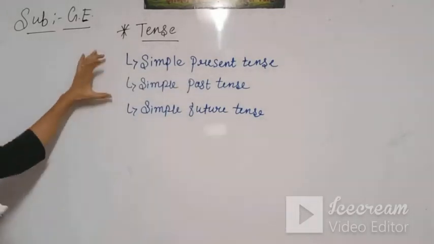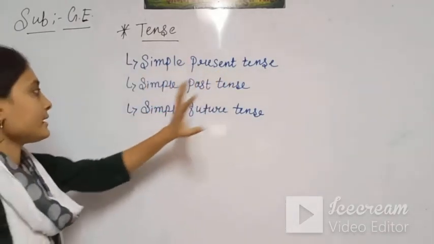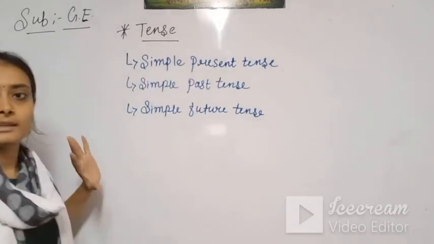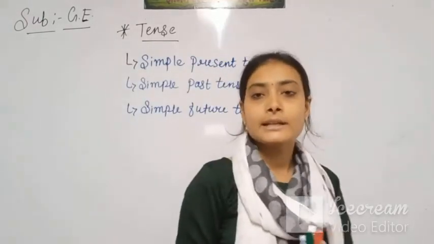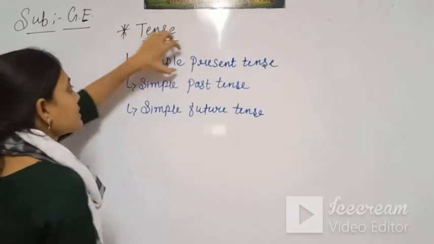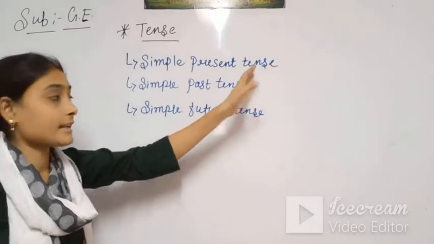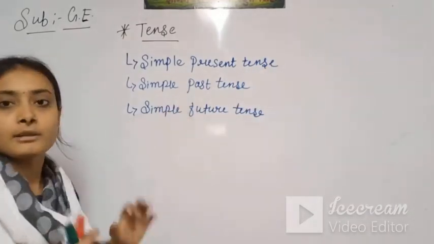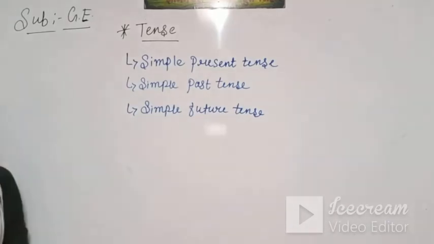There are three types of tense: simple present tense, simple past tense and simple future tense. There are sub tenses within the three, but the main three are past, present and future.